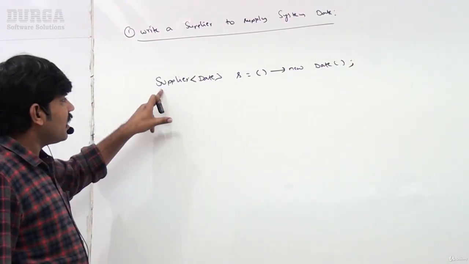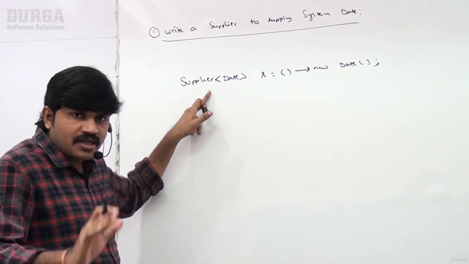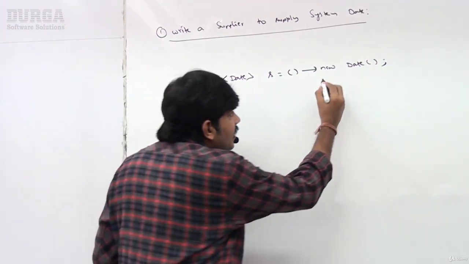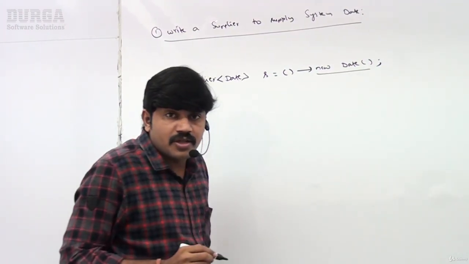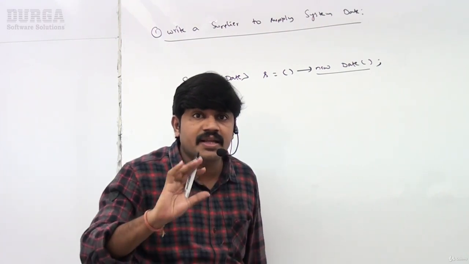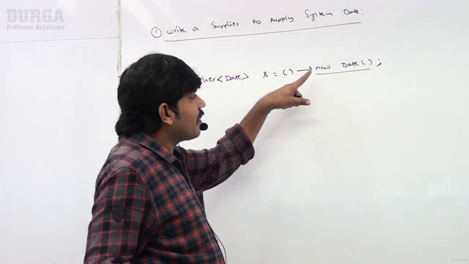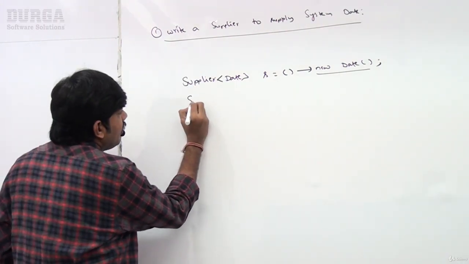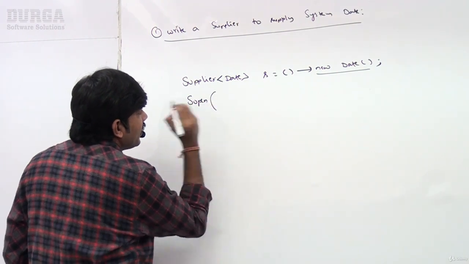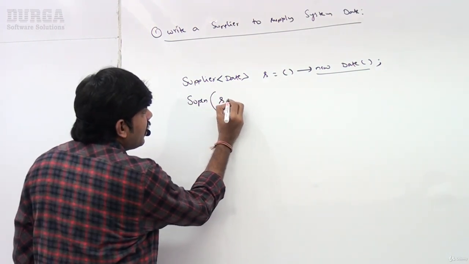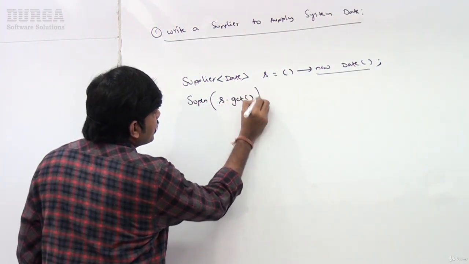Now this supplier is responsible for returning a Date object. This Date object represents the current system date and time. How can I call this? Very simple. System.out.println(s.get()).